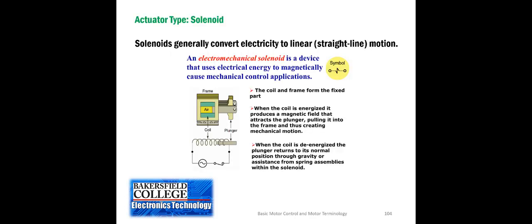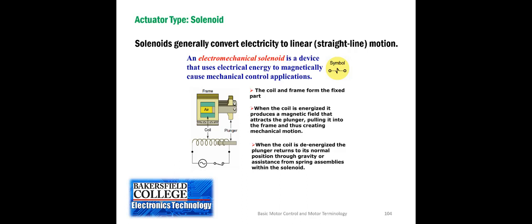One type of actuator that's very common is the solenoid. The solenoid simply is a coil of wire with a movable plunger that can be pulled inside of it. When the coil is magnetized, that attracts the plunger into it. It pulls it in, it sucks it in, and that will cause motion to occur.